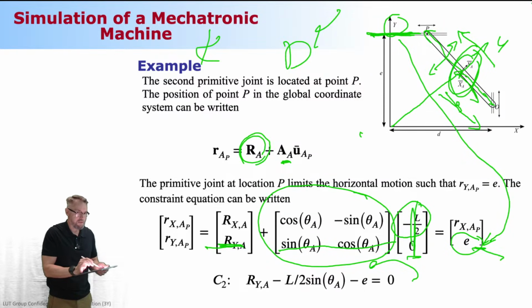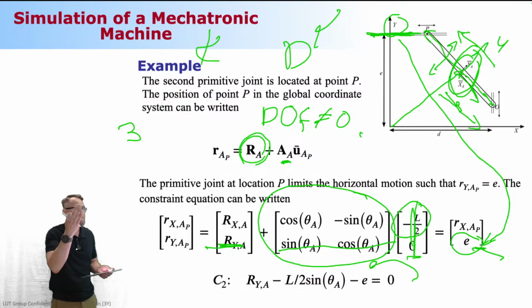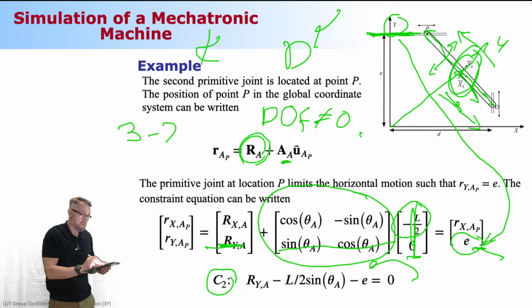Why? Because the number of degrees of freedom is not 0, but positive. Why is it not 0? Because I have 3 generalized coordinates. How many constraints? Well, I just computed 2.